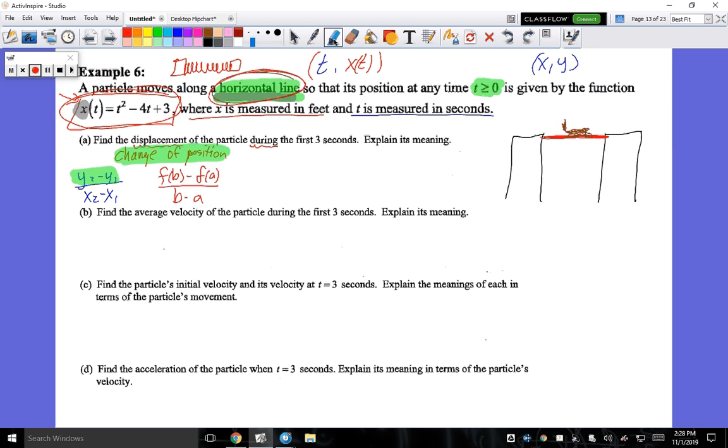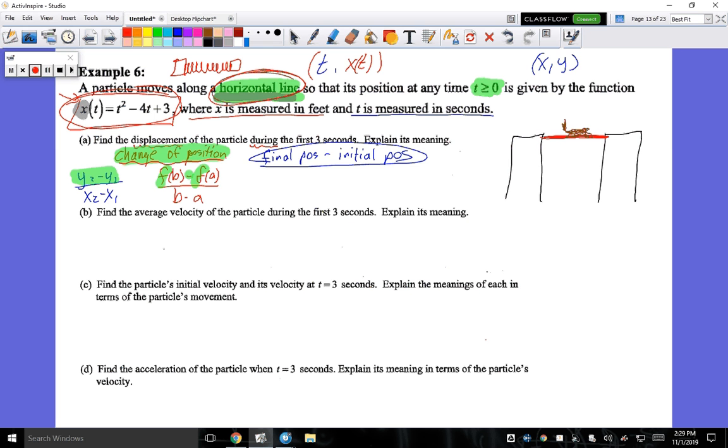And again, this f of b minus f of a is the change. Let me highlight that as I say it. The change between these 2 positions. And last but not least, with displacement, what I want you to finally put down in your notes is that it's the final position minus the initial position. So change in position, otherwise final position minus the initial position.